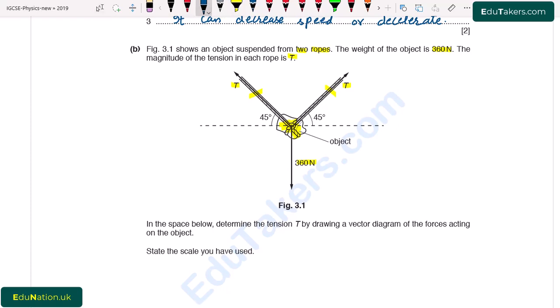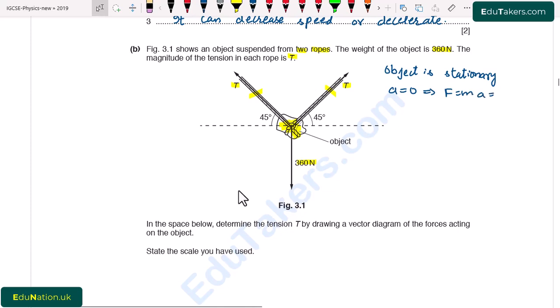So I write here when the object is stationary, then acceleration will be equal to 0 because the object is not moving, and according to second law of Newton, F is equal to ma. All the forces will also be equal to 0, or we can simply say that the net force acting on the object will be equal to 0.